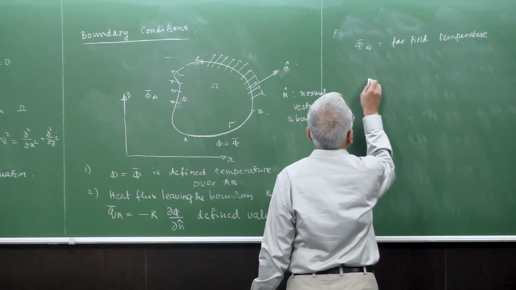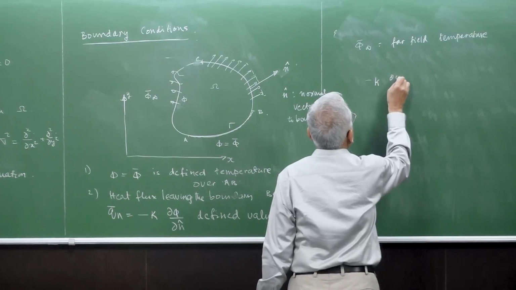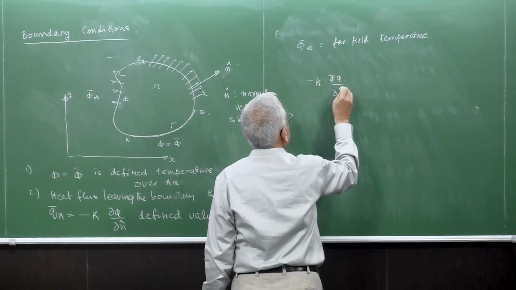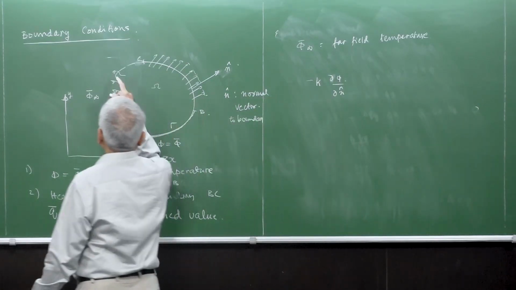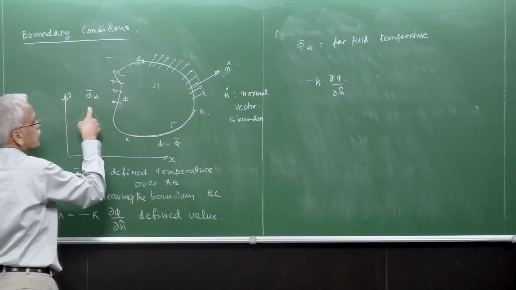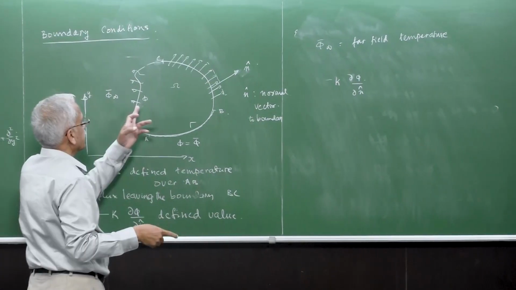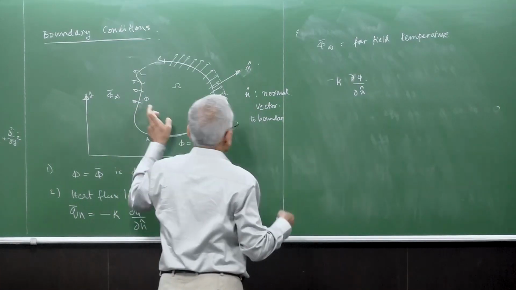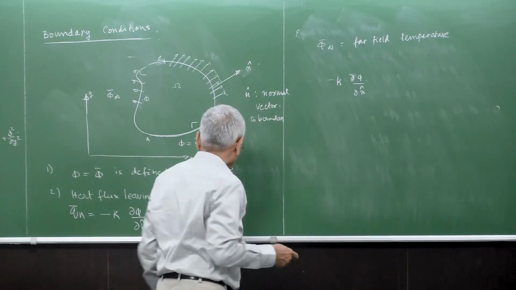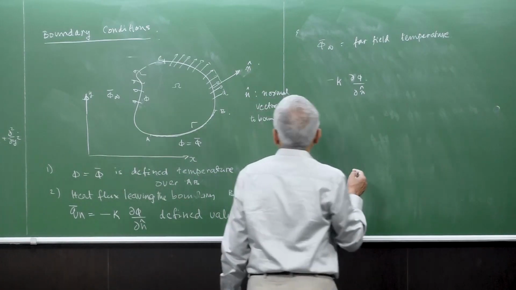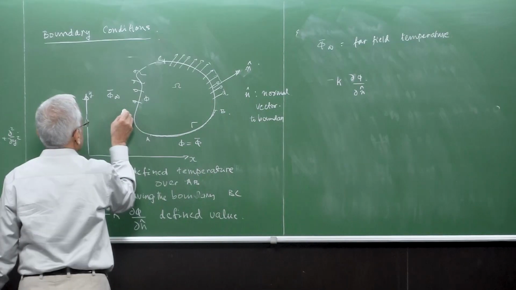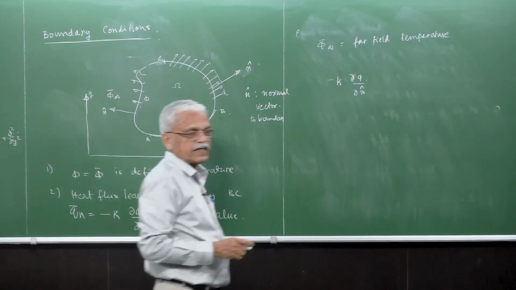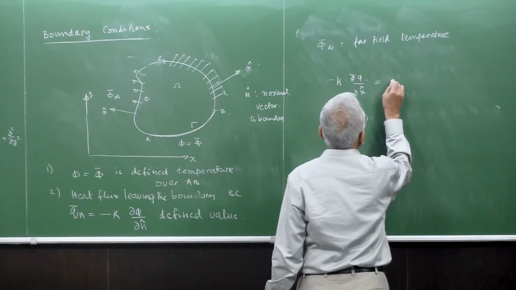That means this minus K dou phi by dou n, if phi is the temperature of the surface, and the derivative of this in the direction of n at this point multiplied by K, will give you the heat flux moving out in the direction of n. So here this is n, right? And this is equal to h times.